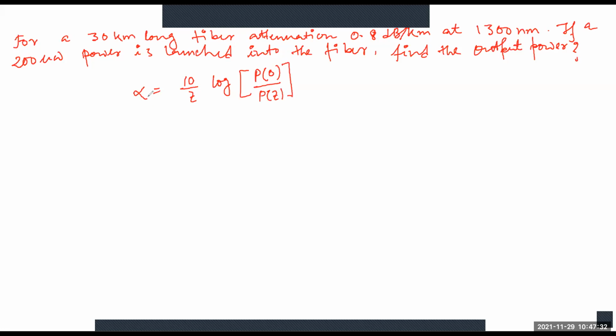Okay, so alpha is given, that is 0.8 dB per km, and the wavelength, lambda, is also given.